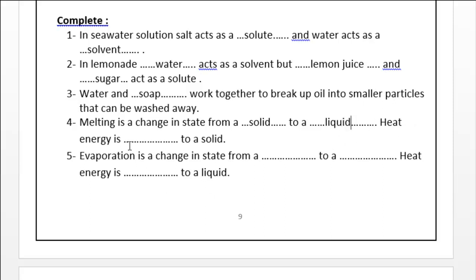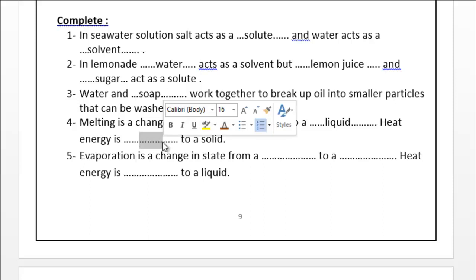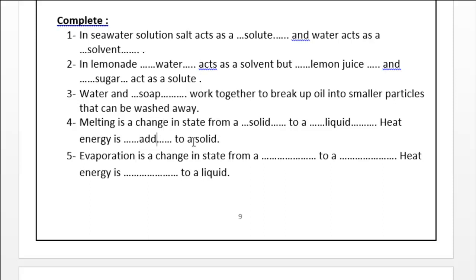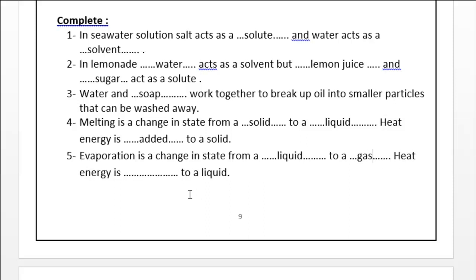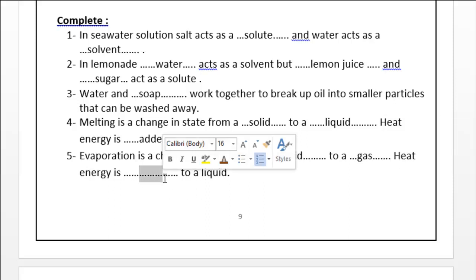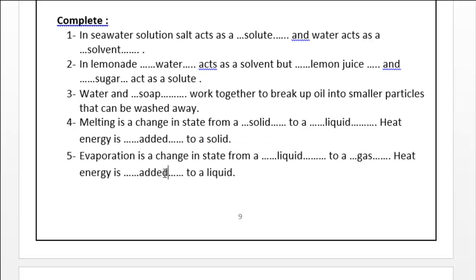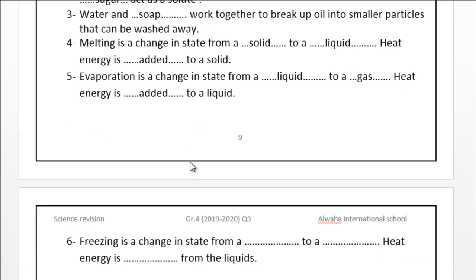And heat energy is added to solid. Evaporation is a change in state from, that's right, liquid to gas, and heat energy is also added because melting and evaporation need heat energy.